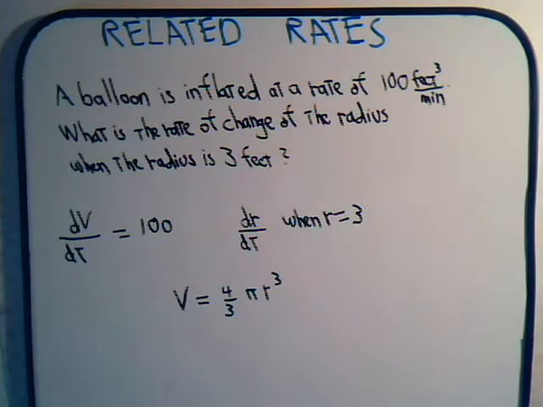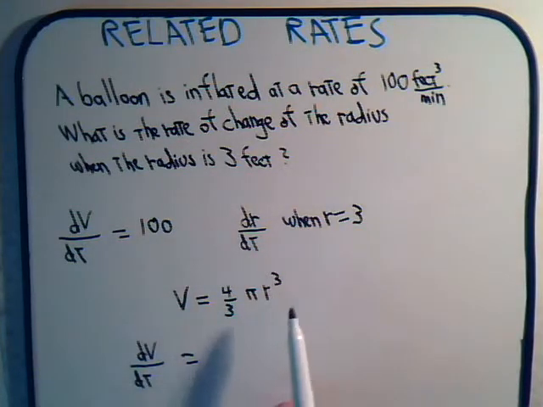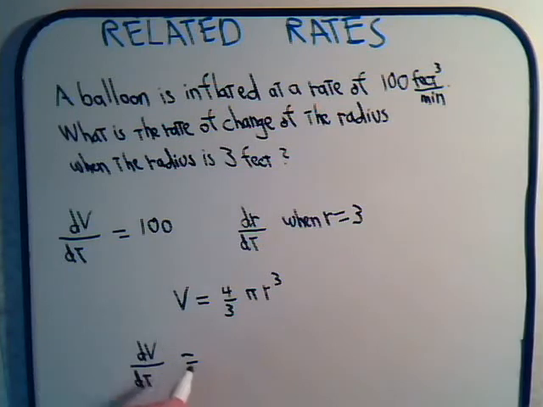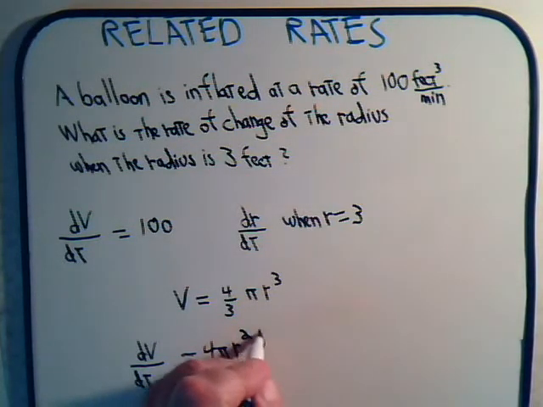So let's do that. Here we have dV/dt equals, this is r to the third power, so we'll take that 3 down, which will cancel this 3. So we have 4 pi r squared dr/dt.